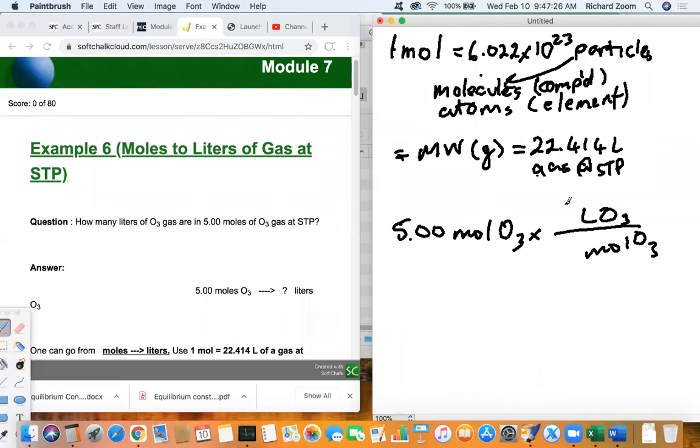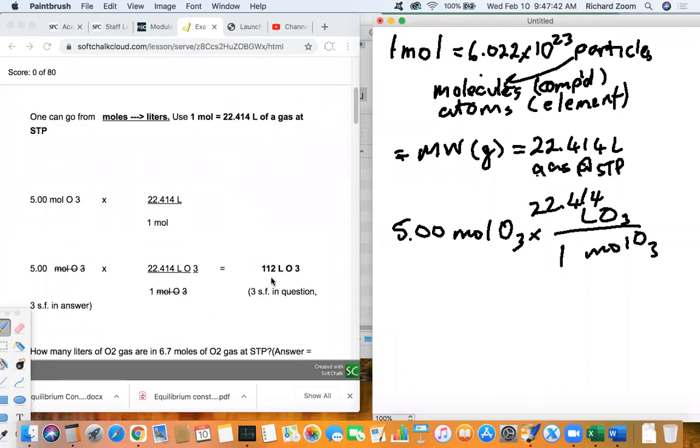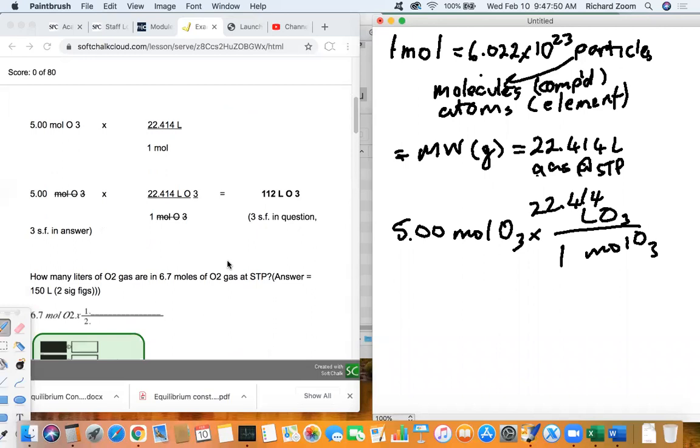We do have a relationship between this. We've got 22.414 liters of O3 over 1 mole of O3. And again, we end up with 3 significant figures in our answer. And it would be 112 liters of O3. Does anybody have any questions? Okay.